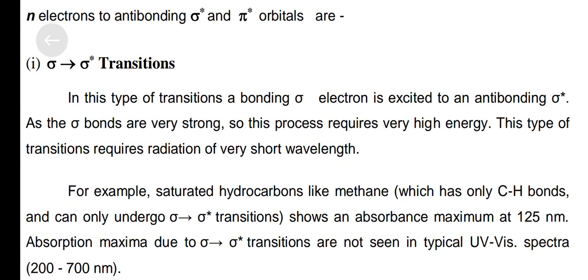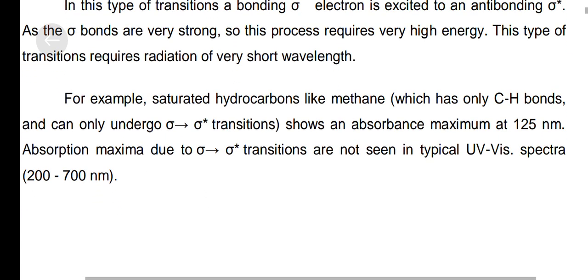For example, saturated hydrocarbons like methane, which has only C-H bonds and can only undergo sigma to sigma star transition, show an absorbance maximum at 125 nanometer. Absorption maxima due to sigma to sigma star transition are not seen in typical UV spectra, 200 to 700 nanometer.